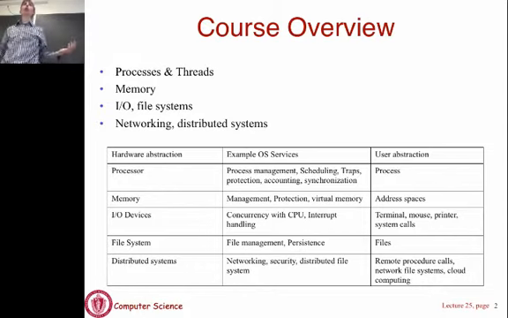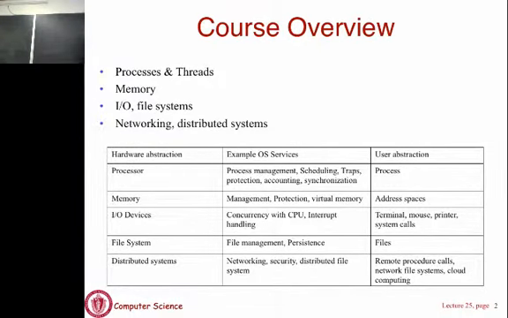Memory is another key component of your machine, and the main abstraction there is an address space. What the OS does to provide that is all of the memory management, providing virtual memory, and doing address translation. We also talked about I/O devices, which all run with operating system support, such as interrupt handling.